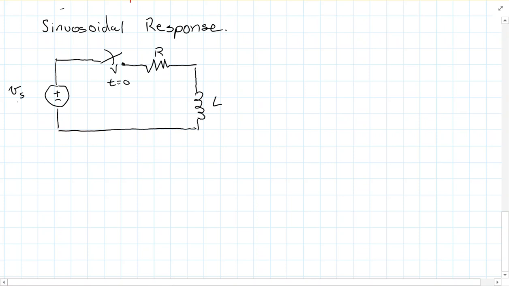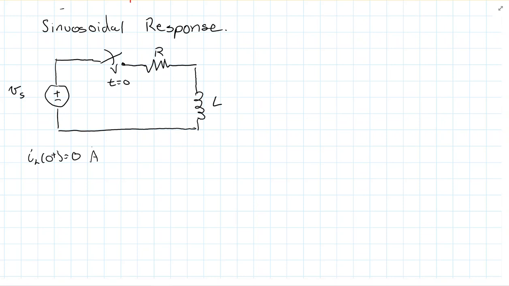And we're going to have a voltage source here. Basically, iL(0+) is equal to 0 amps. It's been open for a long time. There's no current, no energy stored in the inductor. Okay, so we're going to take that approach there.